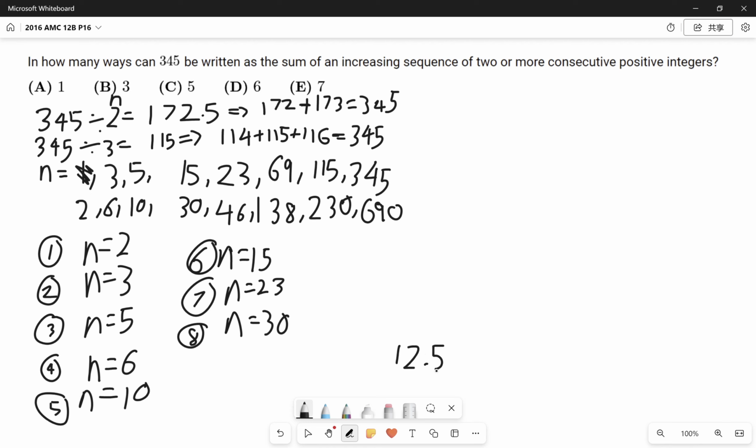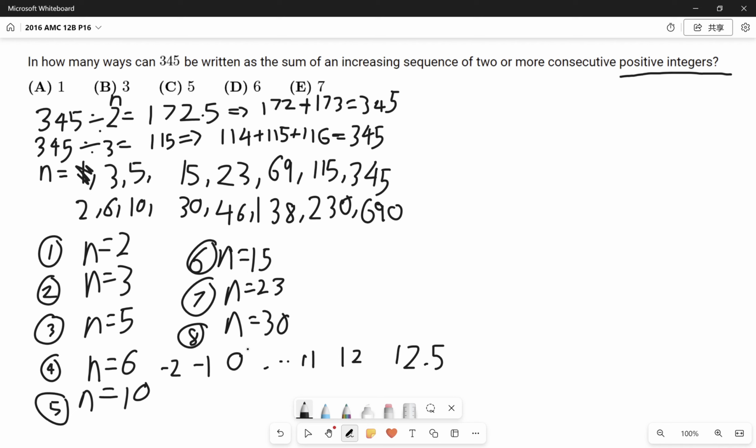Now, if you take 15 numbers that are less than 12.5, you have 12, 11, etc. But then you get to 0, and this 0 to 12 is only 13 numbers, and you need -1 and -2.